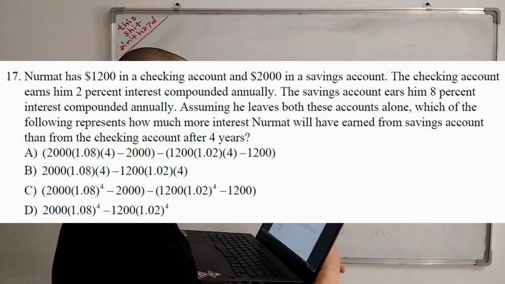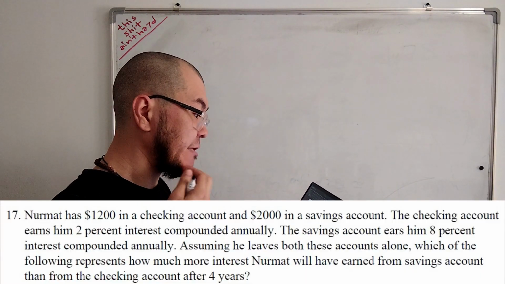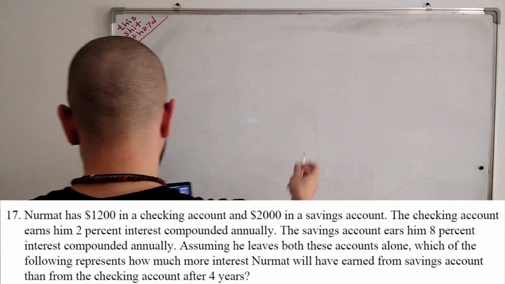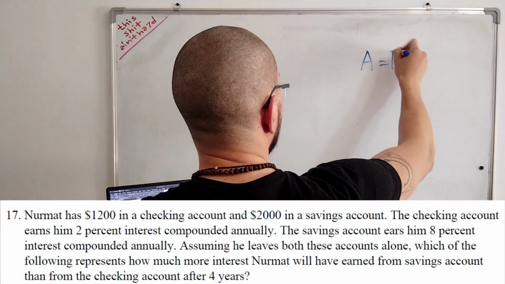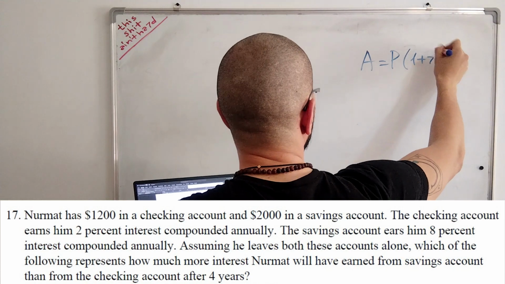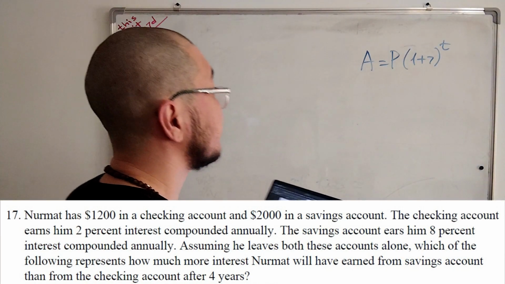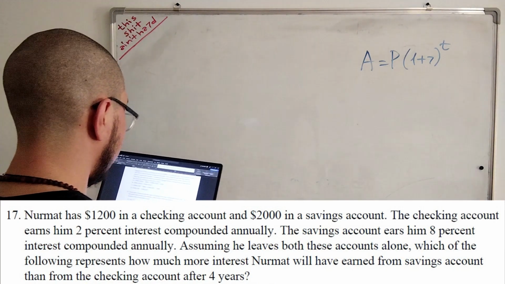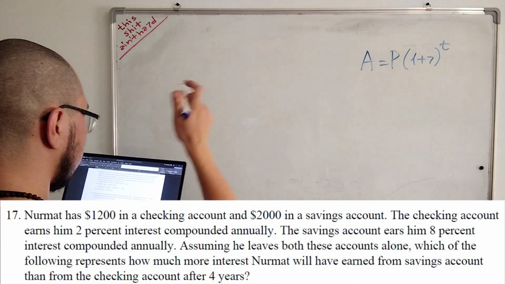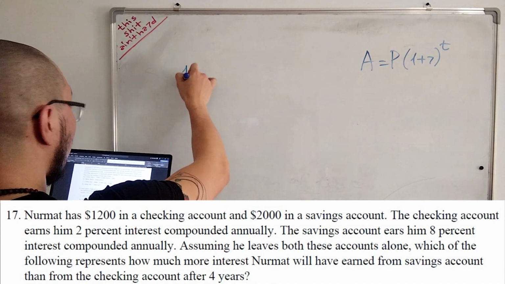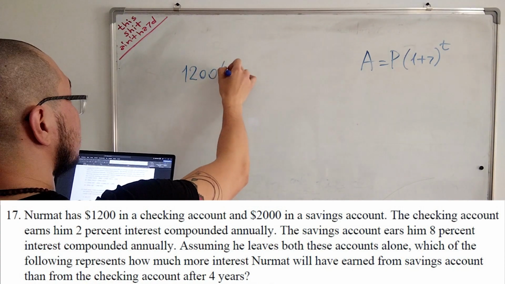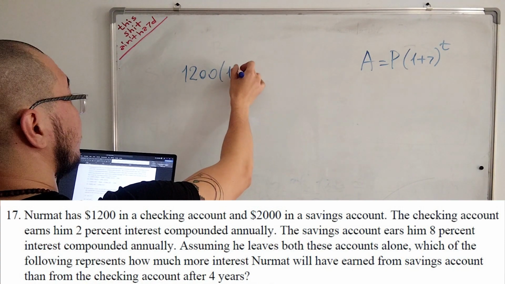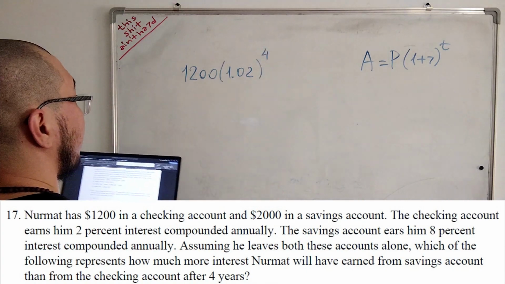Okay, let's write it down. Due to the information that the interest is compound, we have the formula P times (1 plus R) to the power of T. So in his checking account after 4 years, he will have 1200 times (1 plus 2%), 1.02 to the power of 4.